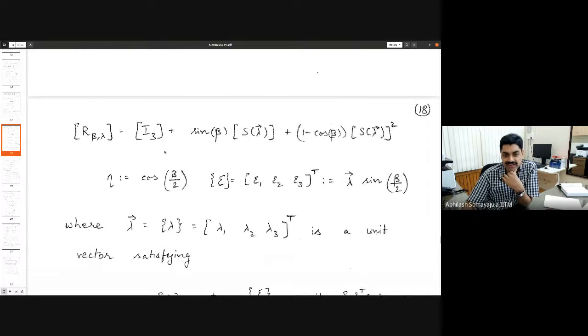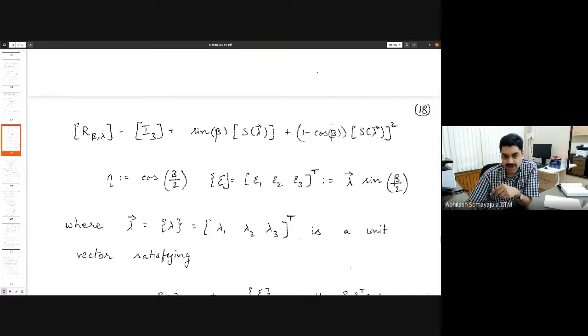Then we saw that the axis angle representation which we had can be modified slightly in order to fit our quaternion approach. But before that, we defined what the quaternion parameters are and how they relate to the axis and angle. So the real part of the quaternion, eta, is nothing but cosine of beta by 2, where beta is the angle by which we are making the rotation about the axis lambda.